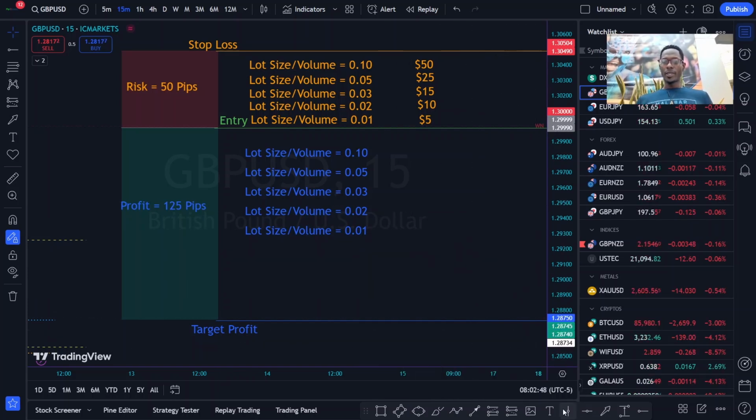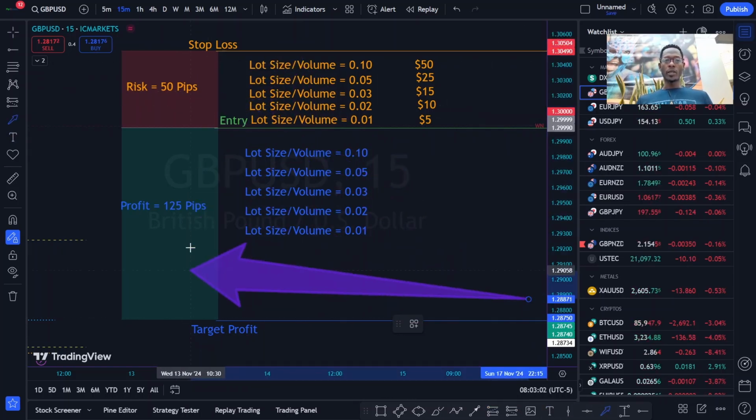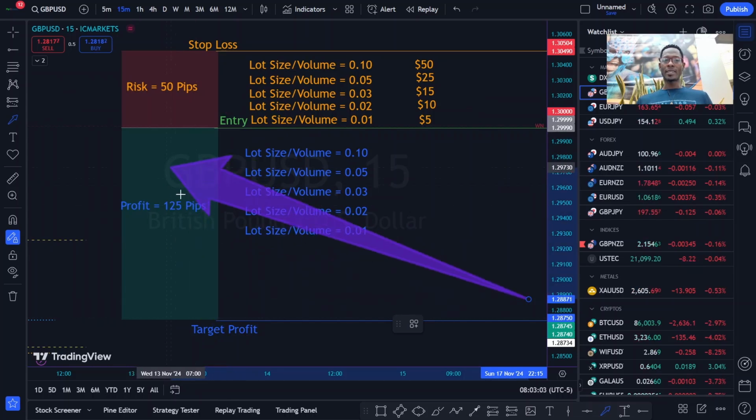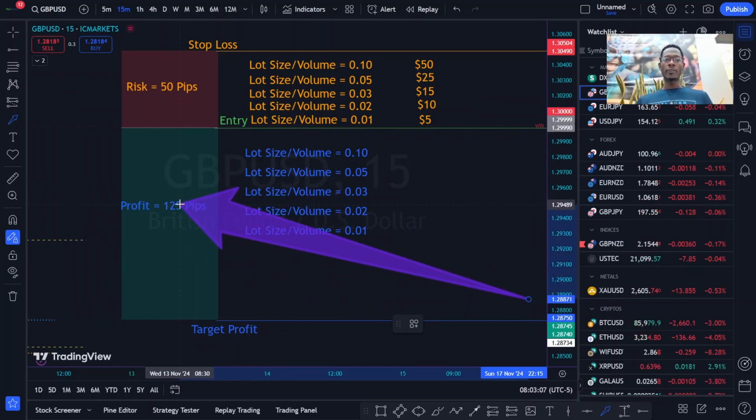Now, if we are understanding that for a lot size of 0.01, let's change this to blue, when we risk this amount and we are looking to hit our profit targets here, what are we going to gain for 125 pips?